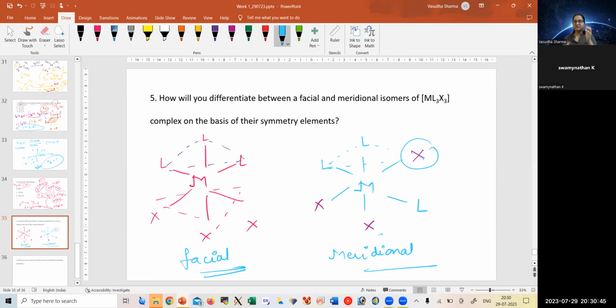Now you need to define, on the basis of symmetry elements, how we differentiate between these two. Facial would be having different kinds of elements, and meridional would be having different kinds of elements, or point group. So what do you expect that facial is having? What is the maximum proper axis of symmetry that facial would be having?